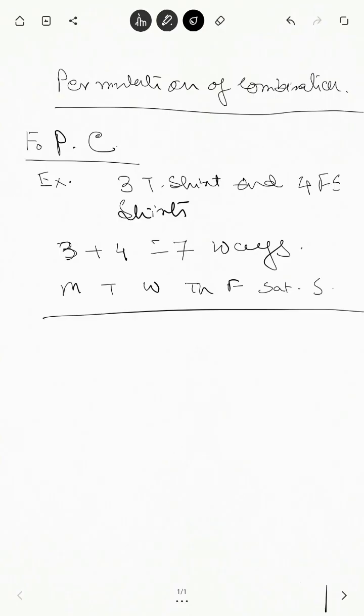Now the difference is, the fundamental theory of counting is, you have half or full, whatever it is, 4 shirts and 3 pants, right?